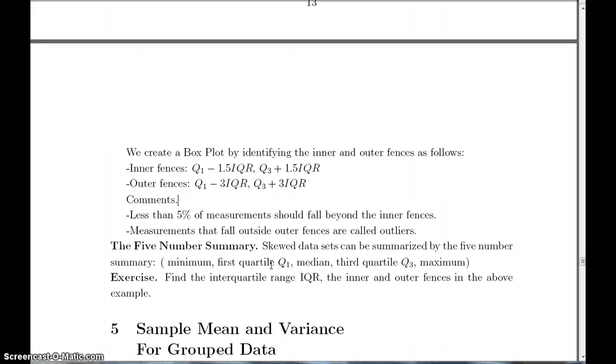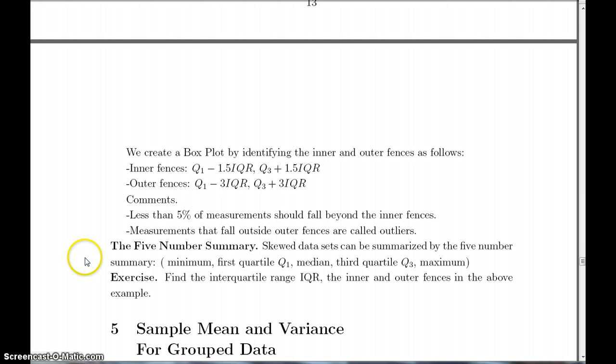Remember, with the empirical rule, we were able to summarize the data, if it's bell-shaped, using the mean and going to each side 1 standard deviation, 2 standard deviations, and 3 standard deviations, which gave us 6 classes. If the data is skewed, that's not going to work.